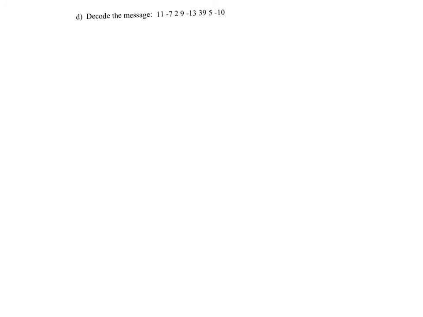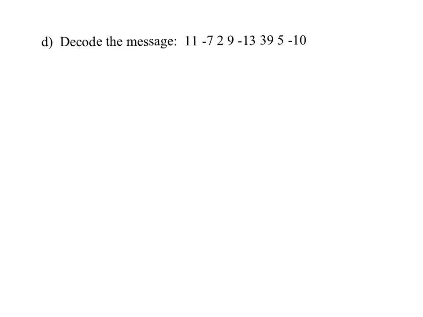Now we're going to pretend I don't actually know what the message is ahead of time. Someone sent me this message. I'm going to decode it, using the same matrix as before. Because it says decode, I'm trying to undo the code, so I'm going to use the inverse, the same one as above. I'll write the decoding matrix on the side because it's not on my screen anymore.